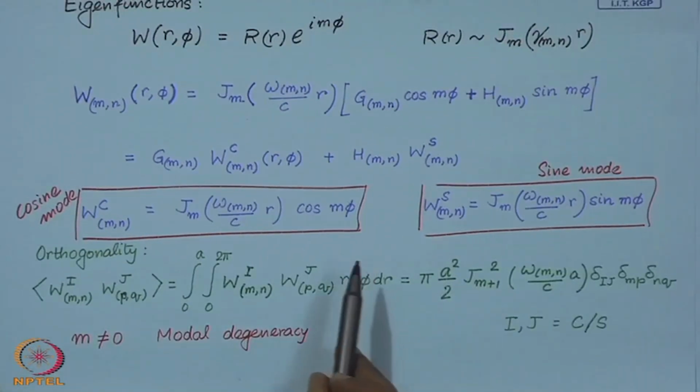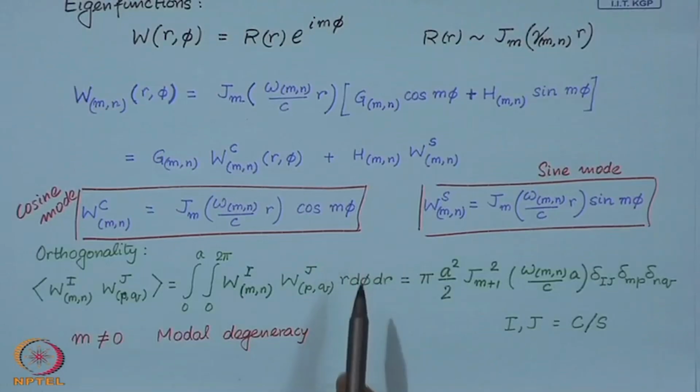So, in the case of a circular membrane, all unsymmetric modes, that is m not equal to 0, are modally degenerate.